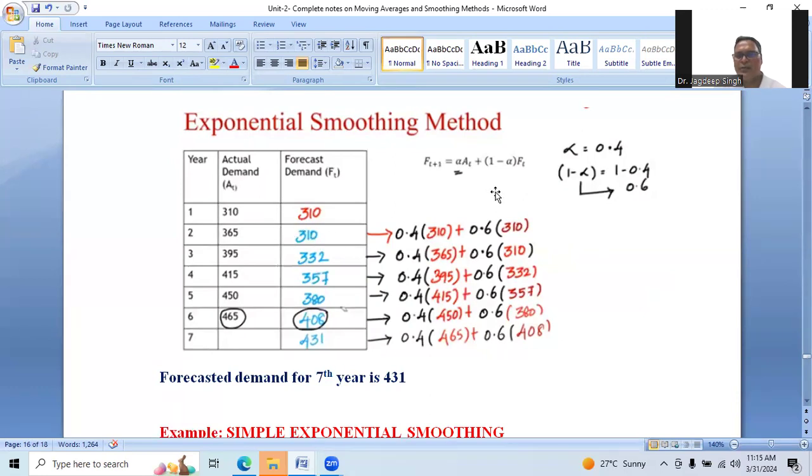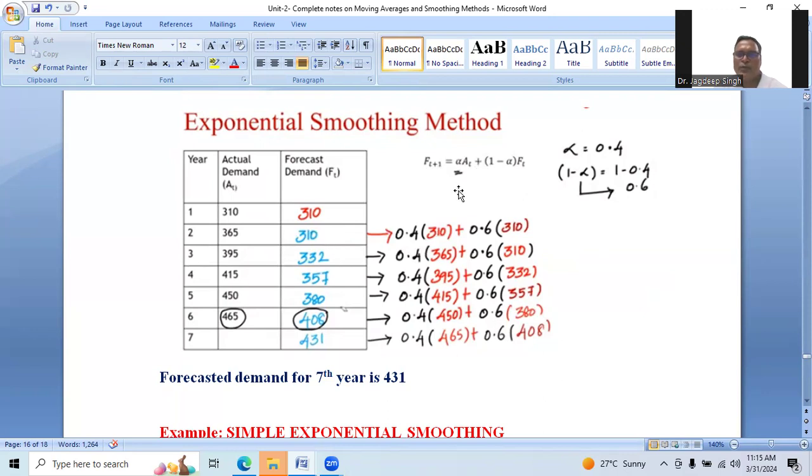F(t+1), where t is 1, will give us the next period forecast. F(1+1) means F2, which will be the forecast demand in the second year.